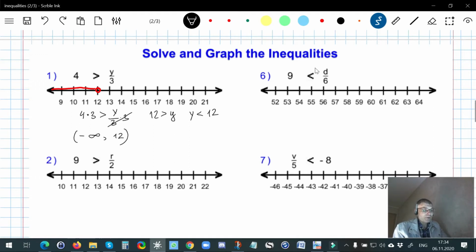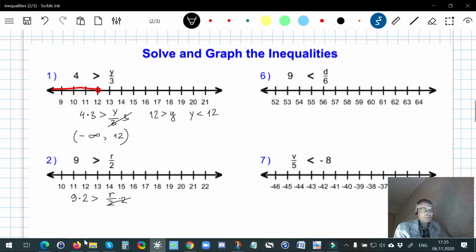Pretty easy. Here in number 2, pretty much the same problem: 9 is greater than r over 2. All we have to do is isolate r, remove that 2 in the denominator, and we do that by multiplication. 9 multiplied by 2 is greater than r over 2 multiplied by 2.